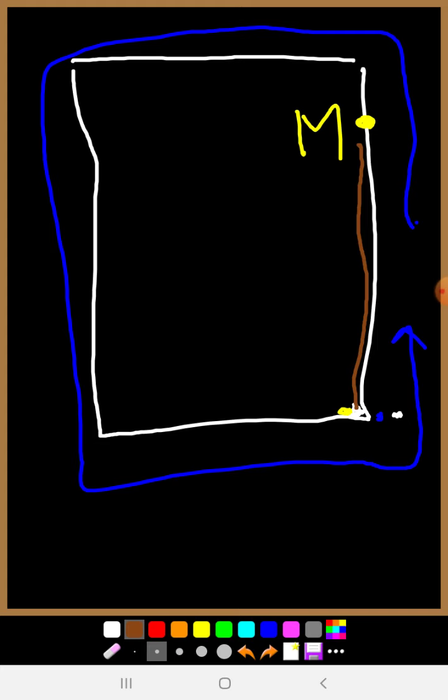Once we know that time, we can first calculate during that time what distance did runner number 1, big M, cover while runner small m was going around the field to catch up behind.